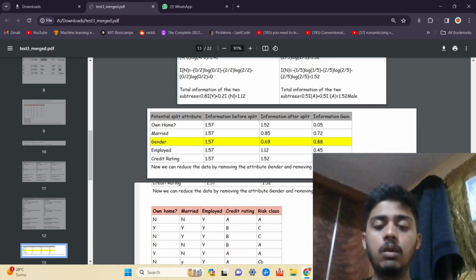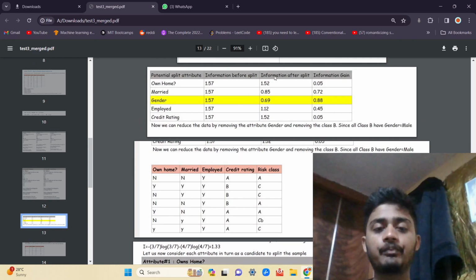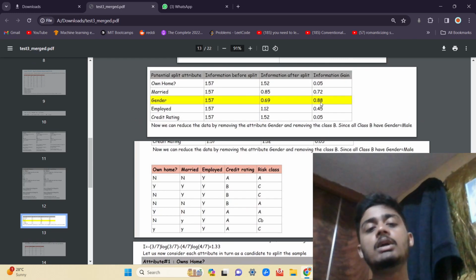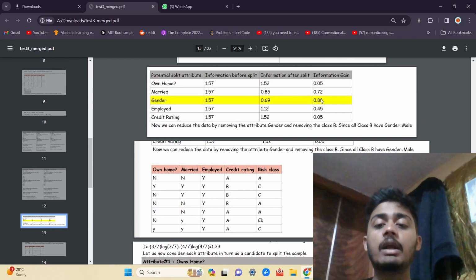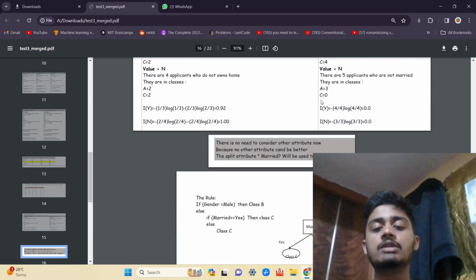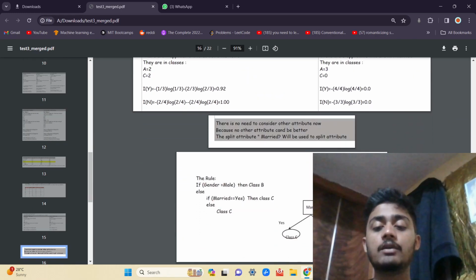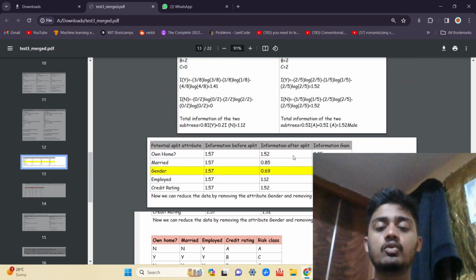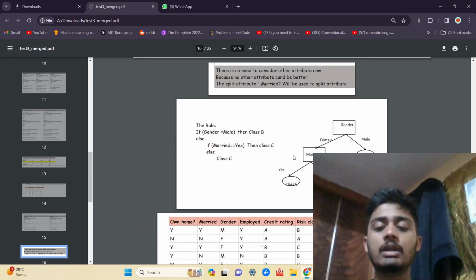Now after seeing here, the attribute with the highest information gain will be the root node or the parent node. So here gender has the highest information gain, so in the decision tree gender will be the first root node. Then it can be divided into two subtypes, that is male or female.